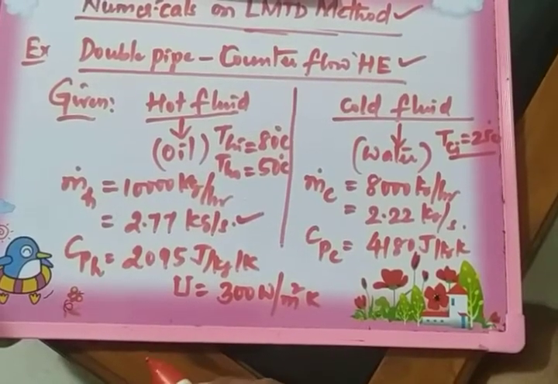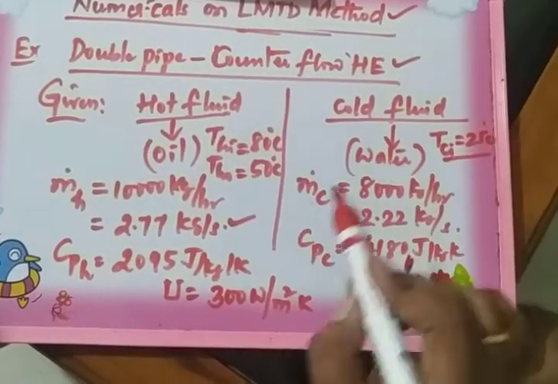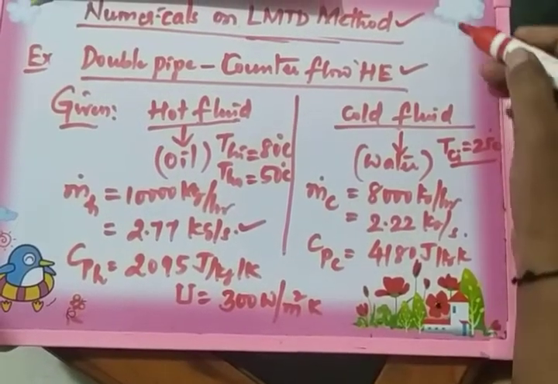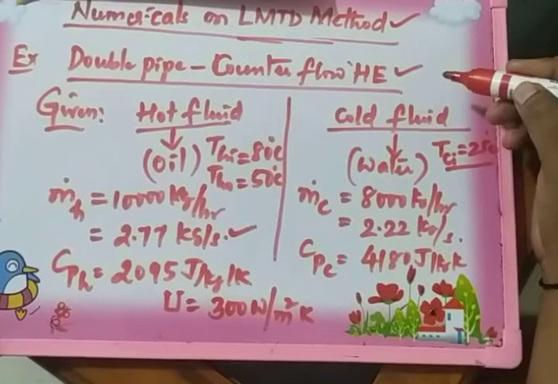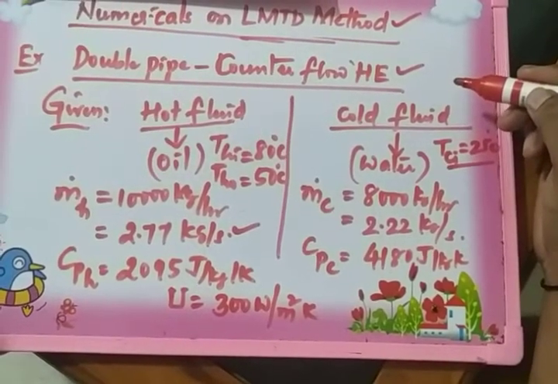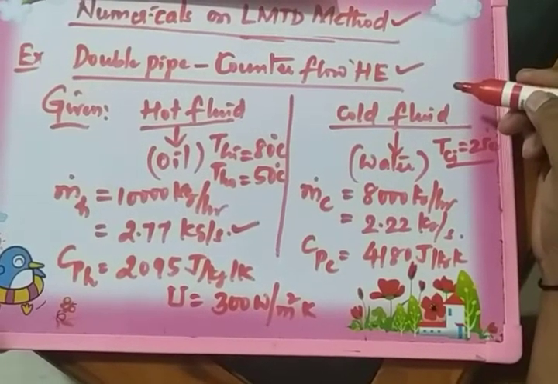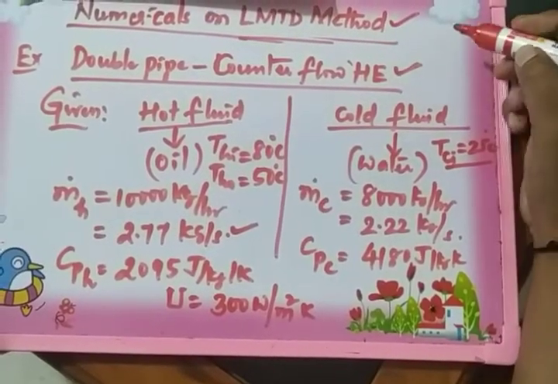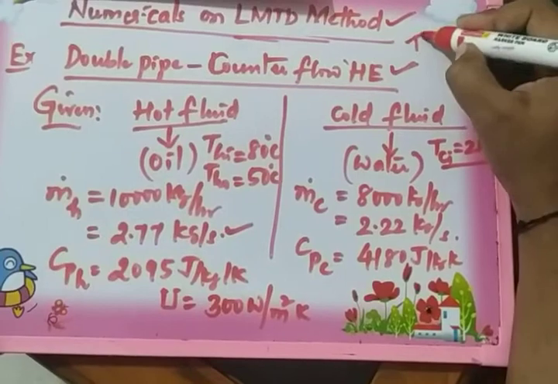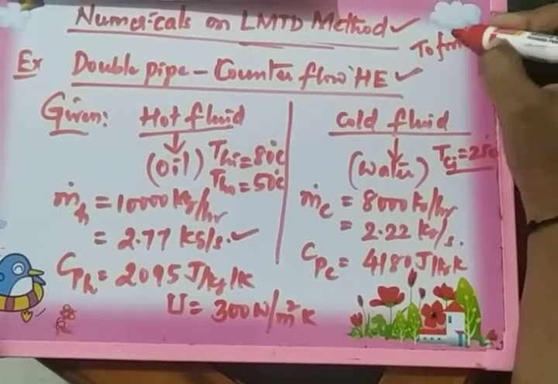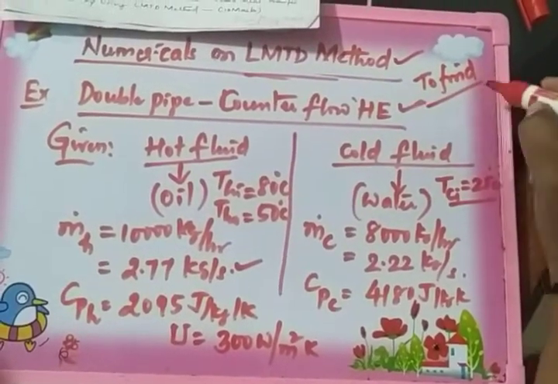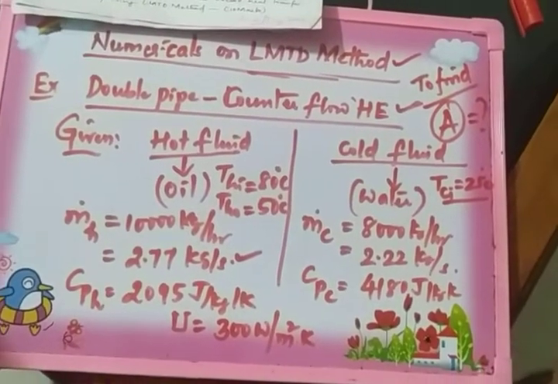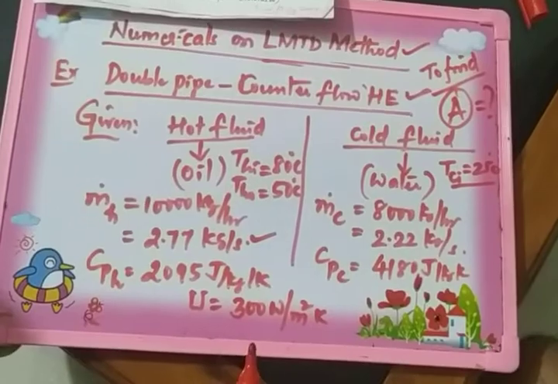Now with all this data, we need to find out the area required. What is the area required to achieve this using a counterflow heat exchanger? I mean to say, we need to find what A is. So the area needs to be calculated.